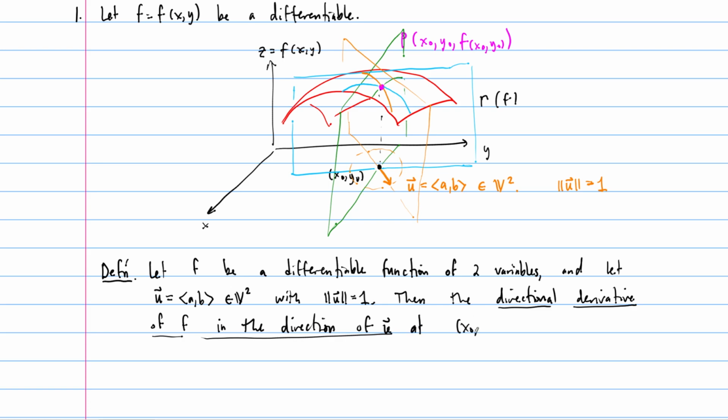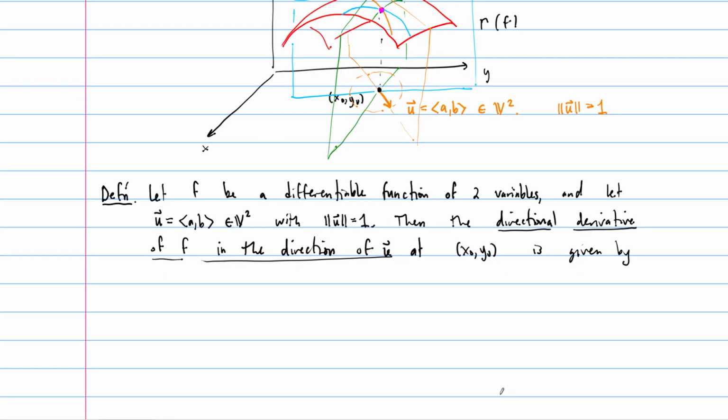So this point in the domain is x naught, y naught. This is given by the following formula. The notation that we use for the directional derivative is capital D sub u, where u is the direction vector, applied to f at x naught comma y naught. Okay, so there's a lot of notation here, but here's the function, here's the point where we're taking the derivative, and this D sub u, that's the directional derivative.